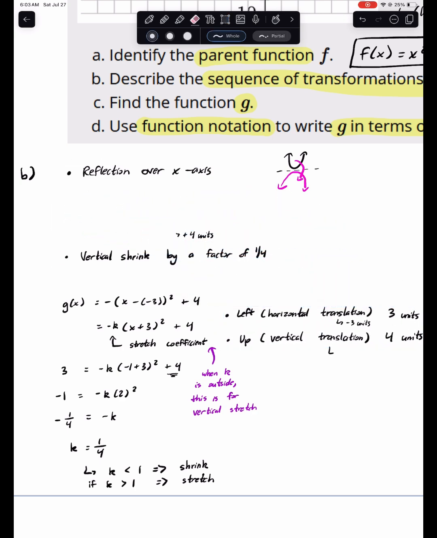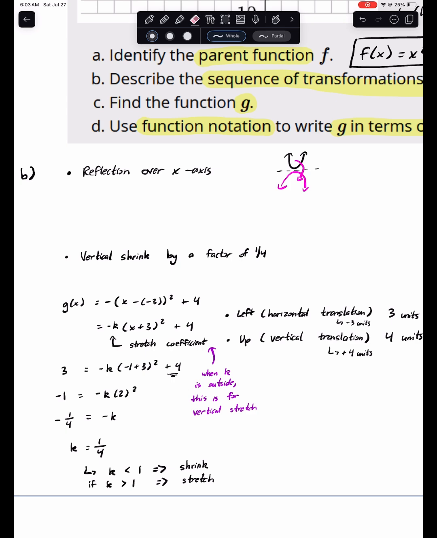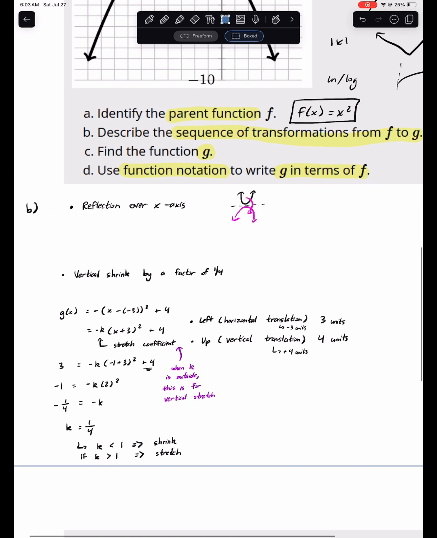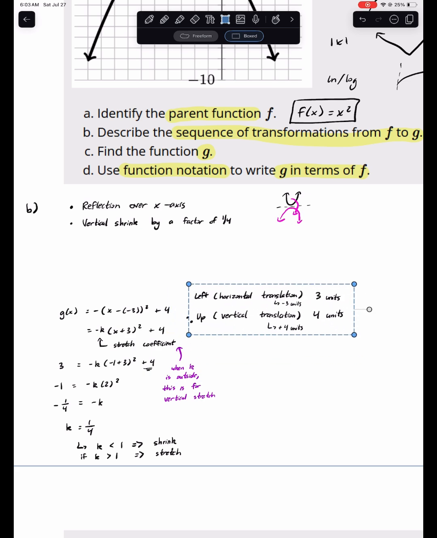Let me take this box out. So I believe what you should do first is reflect, and then you can stretch, because that's completely fine. The order of these two won't really matter too much. And then you do your translations.